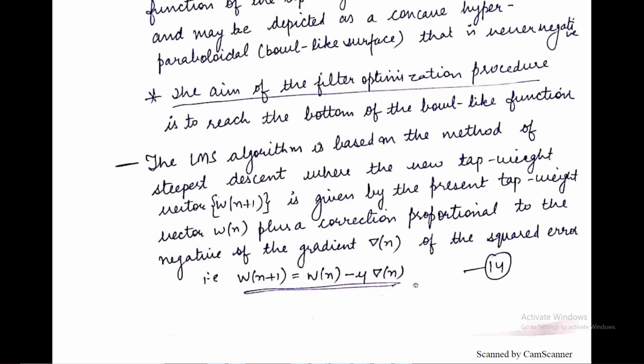So in terms of equation, w[n+1] is nothing but the next weight, because we have to make the tap weights adaptive to achieve that optimality condition, or we can say minimum mean square error. So what will be the next weight if we want to change that weight? It will be w[n] minus mu into ∇[n], and ∇[n] here is the gradient.